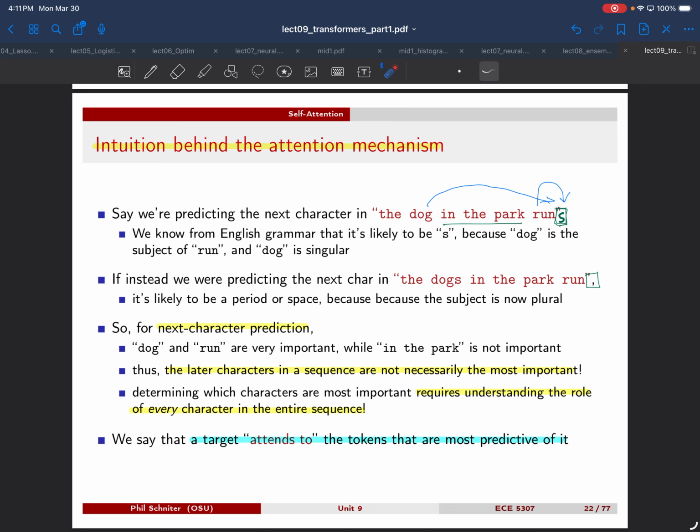We need to understand the role of every single one of them in the sequence, as well as the connections between all those tokens or those embeddings. And so the ones that are most important for prediction are not necessarily just the most recent ones, but really a lot of them.